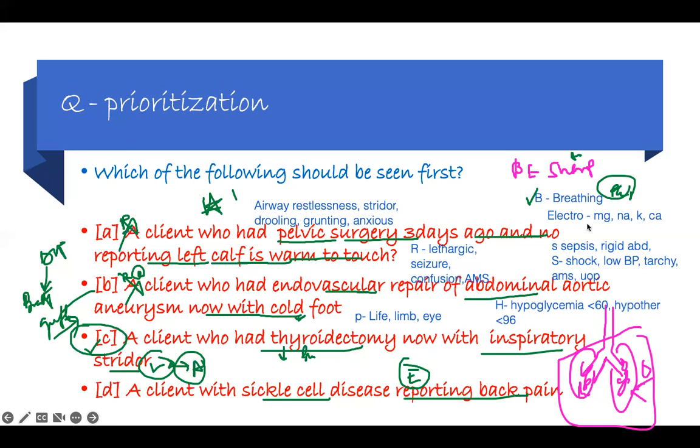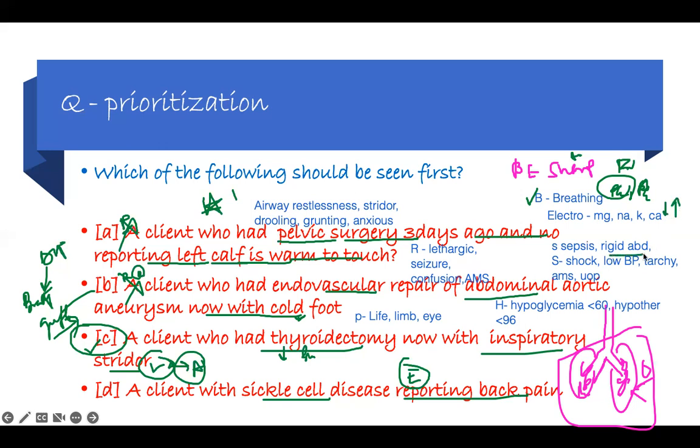When you're doing this, breathing, look for PE or pulmonary edema, and with pulmonary edema, look for frothy pink sputum. That's the right word they will tell you. Frothy pink sputum, yes. Then you look for electrolytes. These can go down or up.